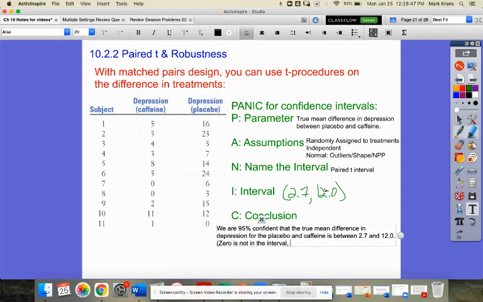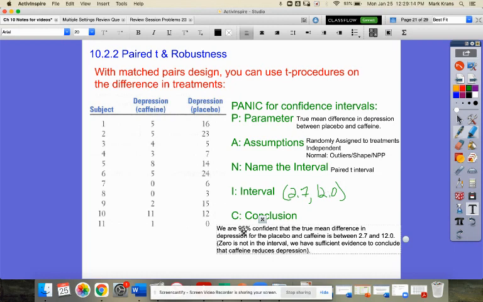We have sufficient evidence to conclude that caffeine reduces depression.